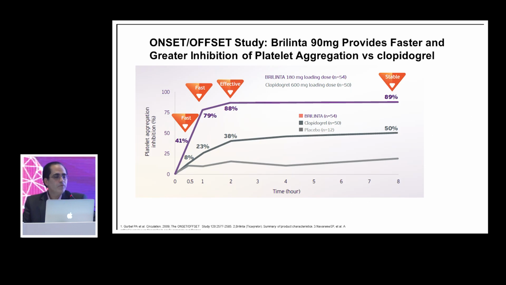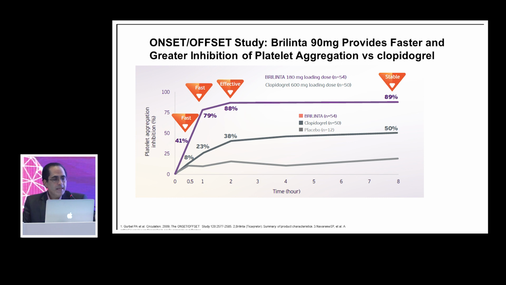This is a very interesting and important slide that shows that Ticagrelor has a rapid and faster onset of inhibition of platelet aggregation. The dark blue one is Ticagrelor, and the black one is clopidogrel.